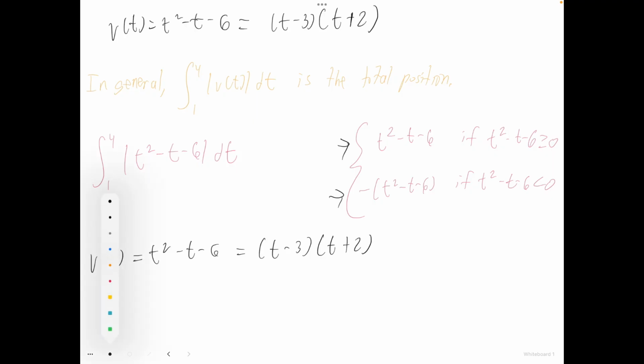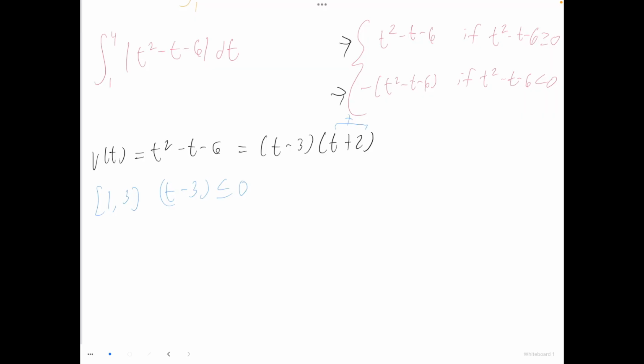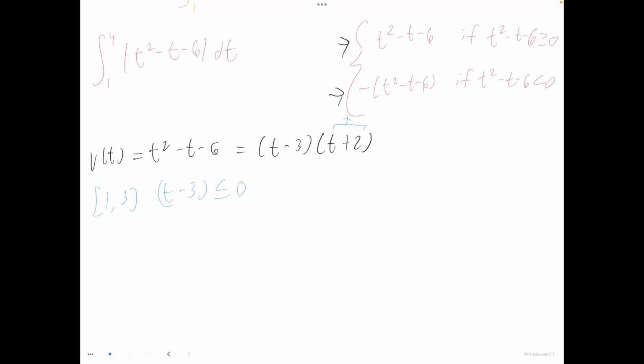And so we want to figure out when we're positive and negative. But on the interval 1 to 4, t plus 2 is always positive. So we're really looking at t minus 3. And so looking at t minus 3, on the interval from 1 to 3, t minus 3 is going to be less than or equal to 0, because we're going to have something less than 3 minus 3. So we're less than 0 on 1 to 3.